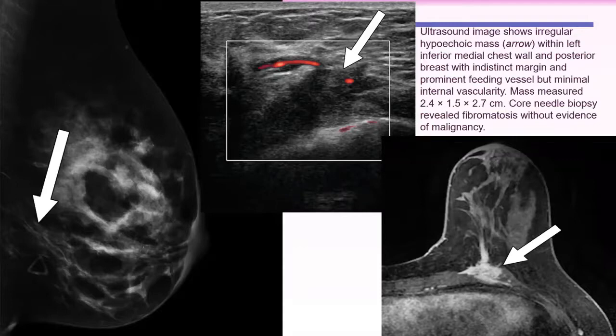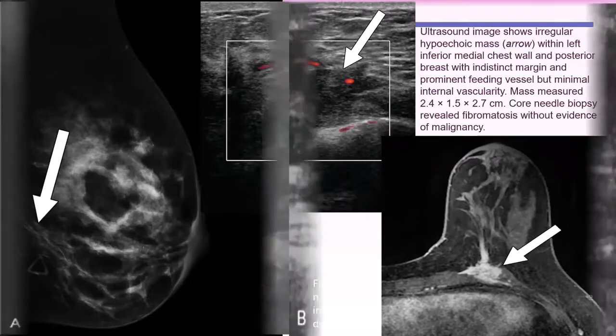Which one are you going to select? This is an aggressive type of lesion characterizing fibromatosis, especially if the patient has an implant prosthesis, it is associated with it.